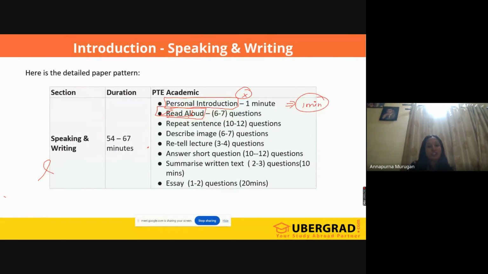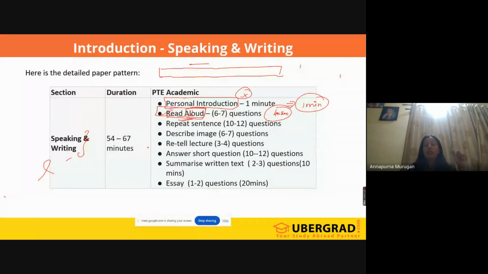This question comes because they want to see how well you can read a presented statement. They are going to give a statement of approximately 30 to 40 words, and you have to read it within 40 seconds.